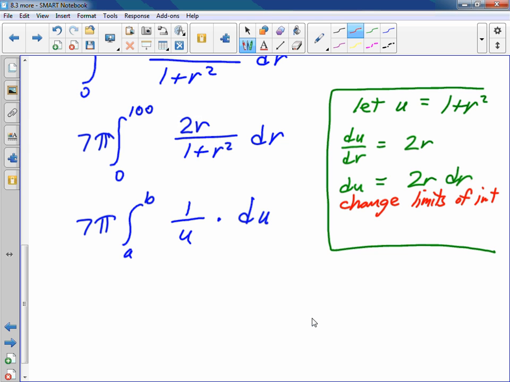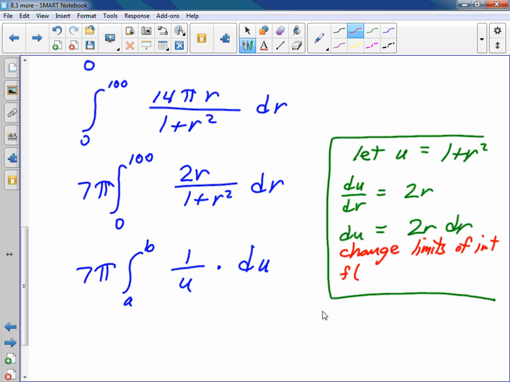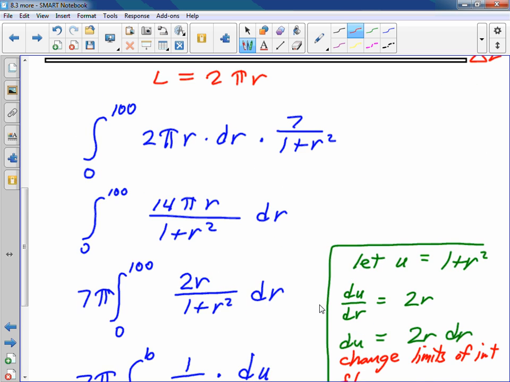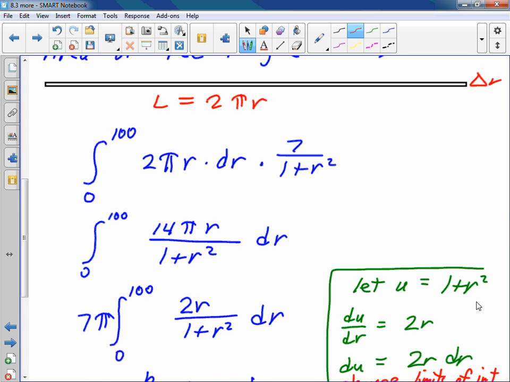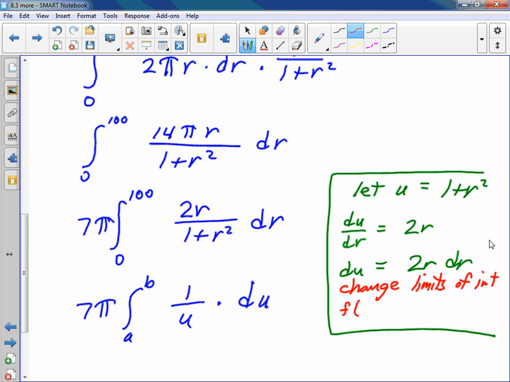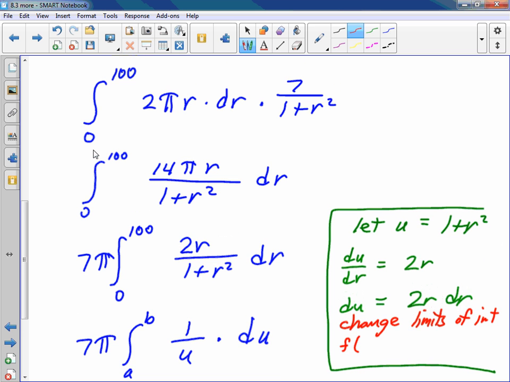Okay, we've said that f of the original function was 1 plus r squared. So f of 0 equals 1 plus 0 squared equals what? 1. And f of 100.